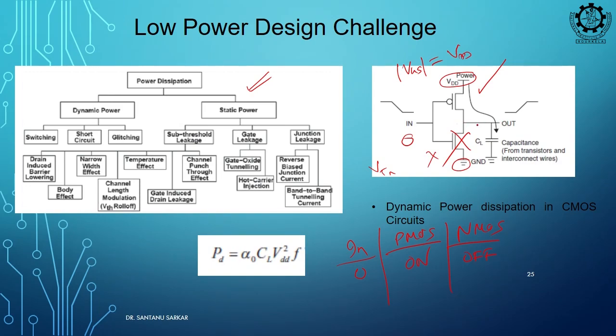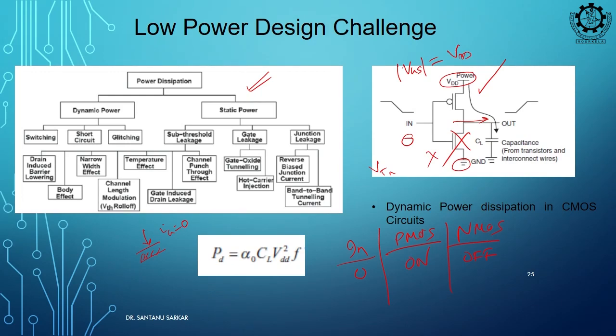And if it is driving another logic gate, there is no resistive path. What is there between gate and channel? Oxide, right? SiO2. So, can any current flow through the gate? Gate current Ig is 0. So, no current can flow through this, because this is a capacitive load. That is why in digital circuits you will always see one cap drawn at the output.